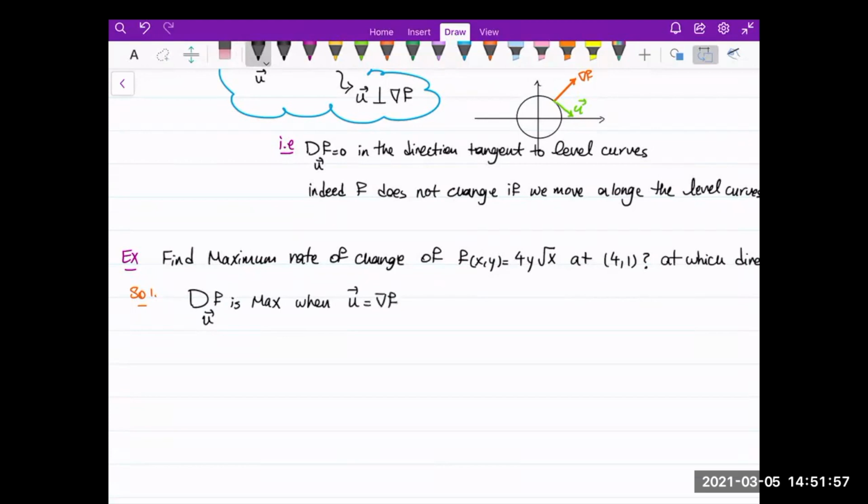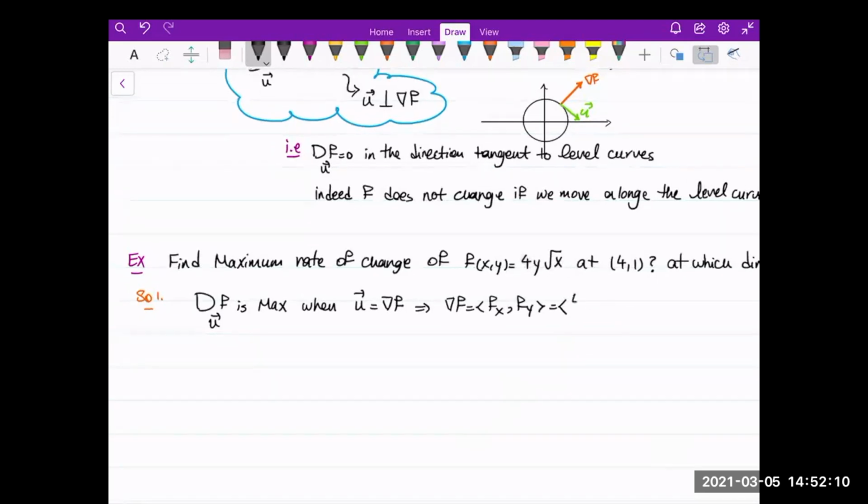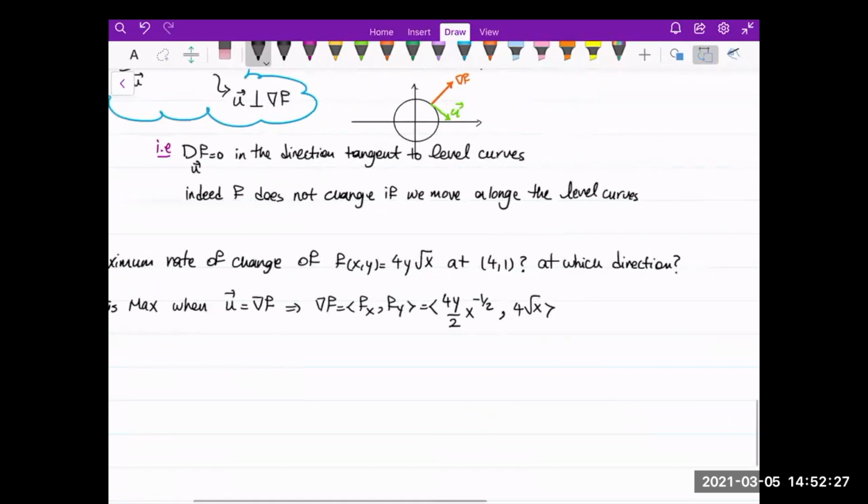Okay. So what is the gradient of f? It is f_x and f_y. With respect to x, okay, this is constant, I keep it. Now derivative of this one, this is x to the power of 1/2, so it would be 1/2 x to the power of -1/2. And then with respect to y, the rest are constant, so it would be 4 square root of x.